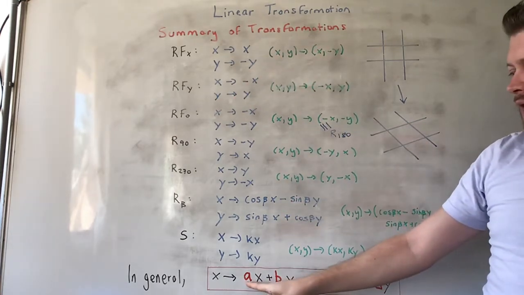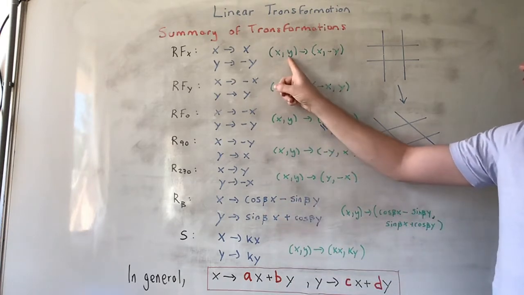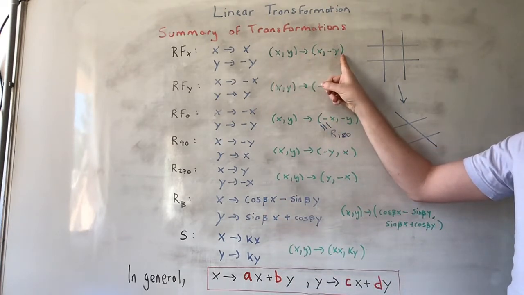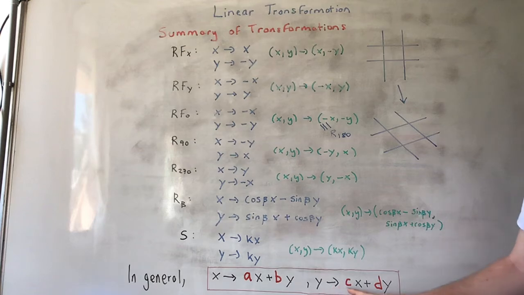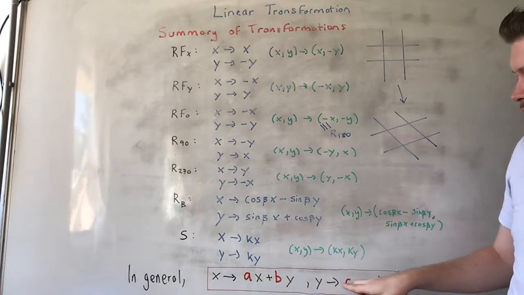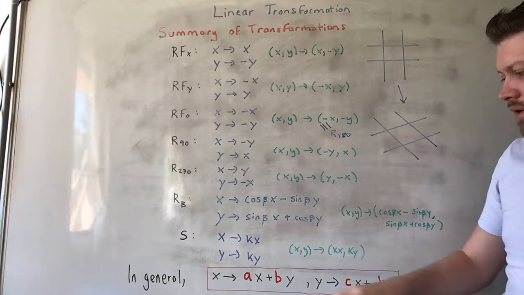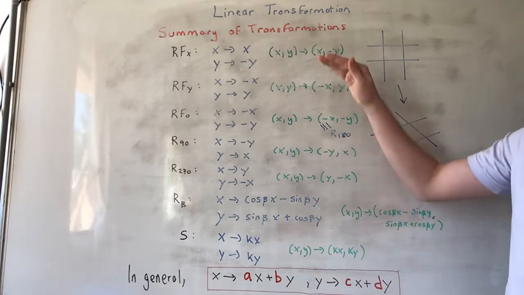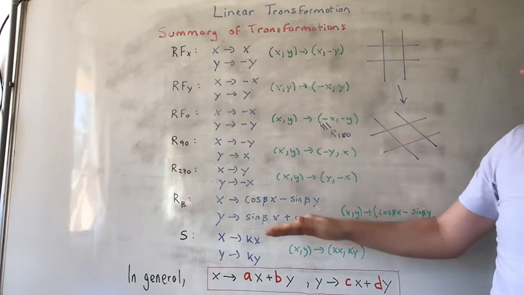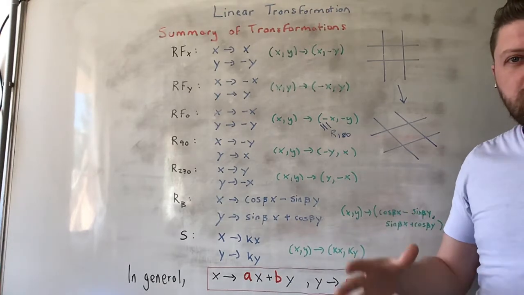So in that case, a is 1 and b is 0. And y moves to minus y. So in that case, c is 0 and d is minus 1. So you can choose different values for these coefficients a, b, c, and d to spit out each of these different transformations. And this is the most general case.